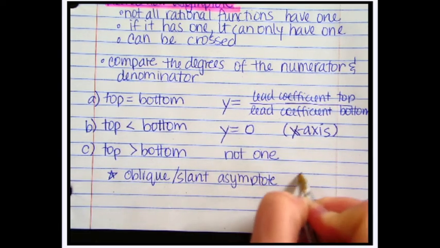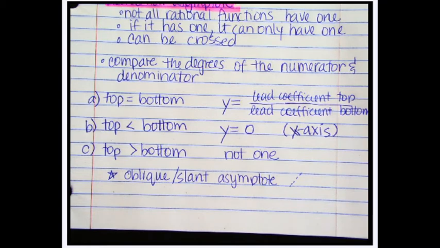This would be a diagonal asymptote. That can happen if we don't have a horizontal asymptote. There are some scenarios where you don't have a horizontal asymptote, but you would have a slant asymptote. Again, for this course, we don't have to worry about it, but know that can happen.